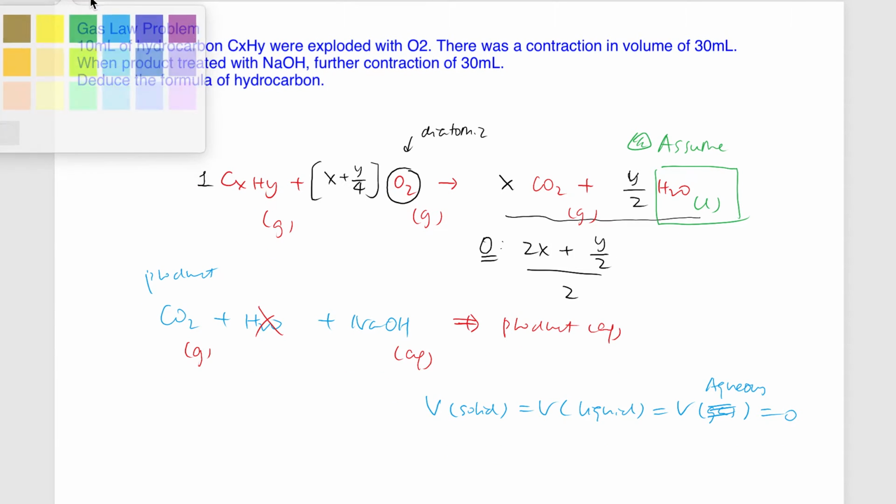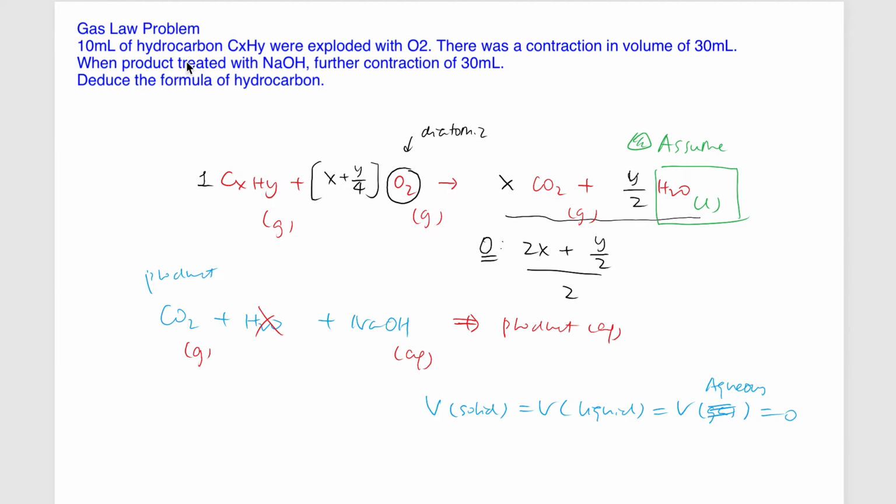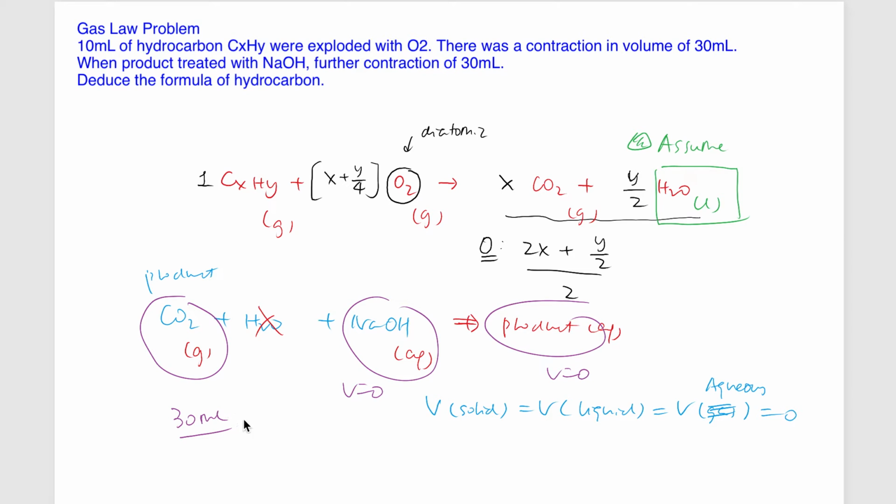They said when carbon dioxide is treated with sodium hydroxide, there is a further contraction of 30 moles. All of these 30 moles of contraction come from carbon dioxide, since the other volumes are 0. That means the amount of carbon dioxide you started with is 30 moles. It's all used up.